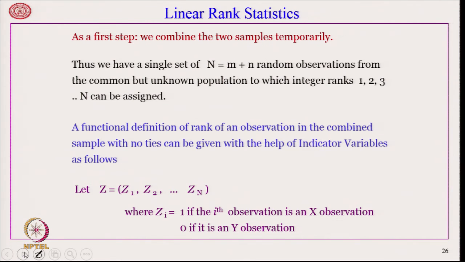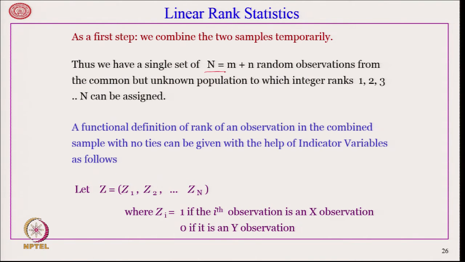So, how do we proceed? We proceed as follows. As a first step, we combine the two samples temporarily. That means we make one array made of both x and y populations.